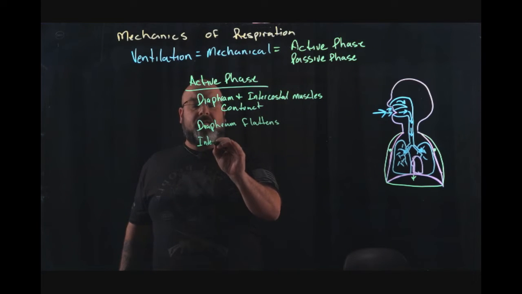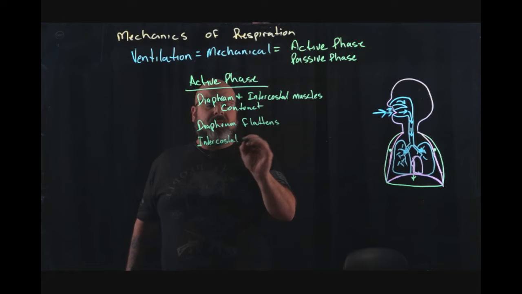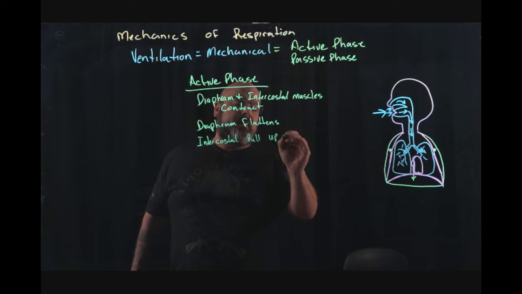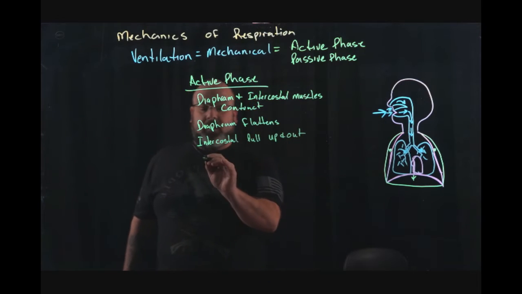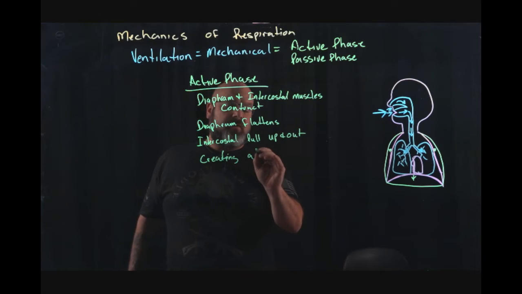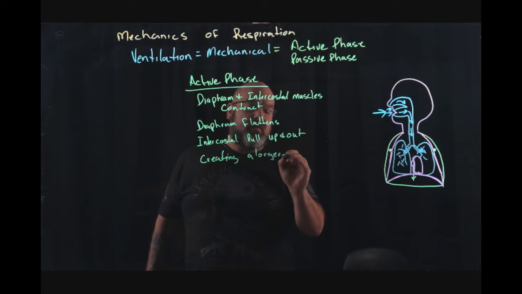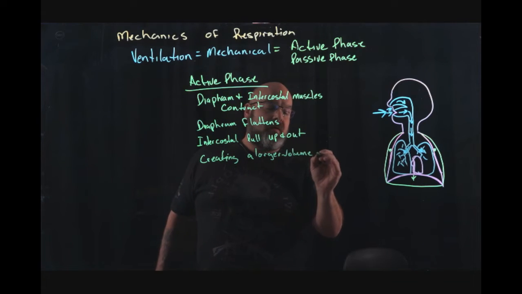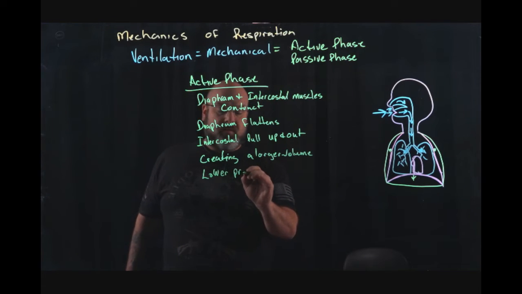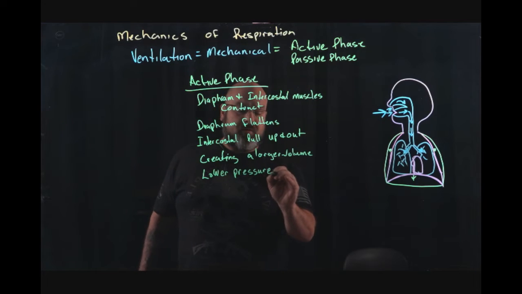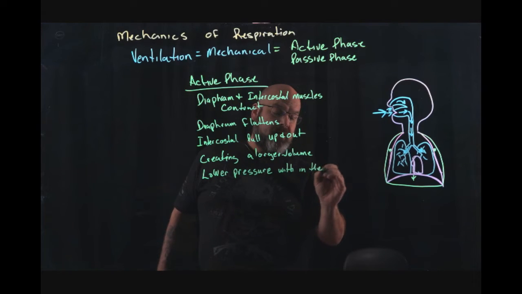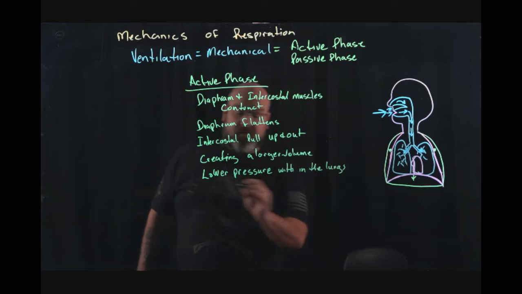Intercostals pull up and out, creating a larger volume and lower pressure within the lungs, causing air to rush in.